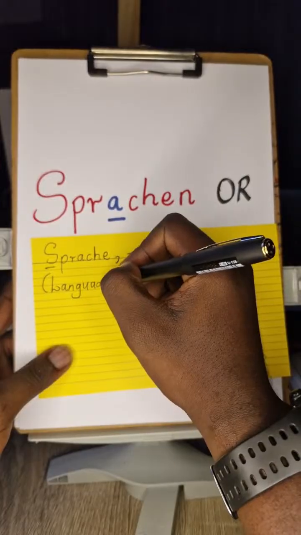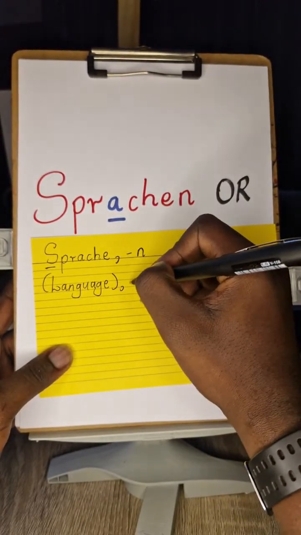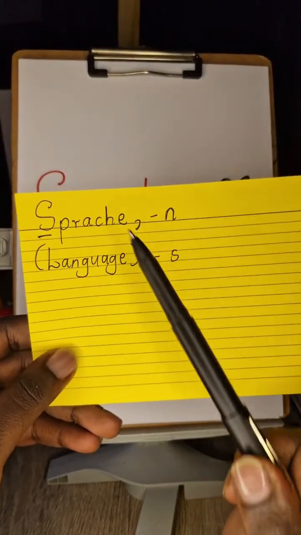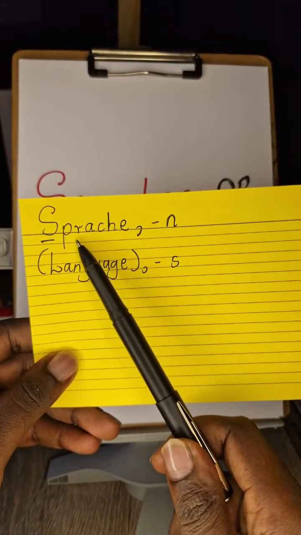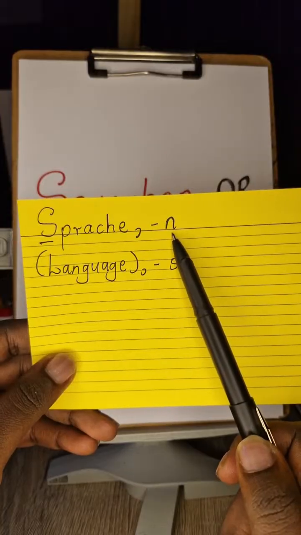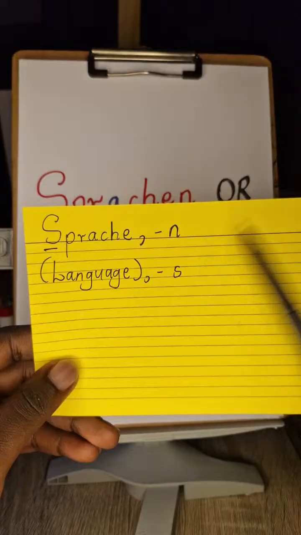And then, of course, in plural, the N is the S equivalent in English. So remember Sprache is a noun, language, right? If you add an N to it, it would now become plural, now meaning languages.